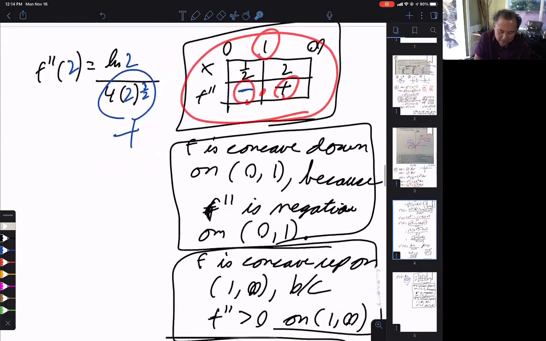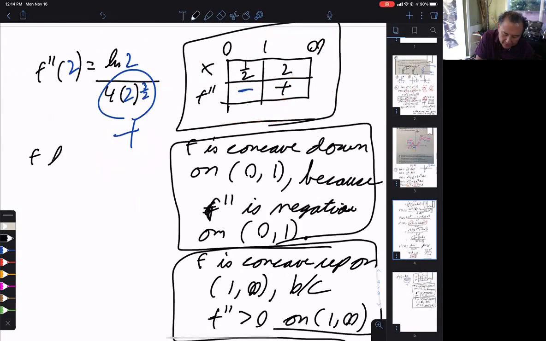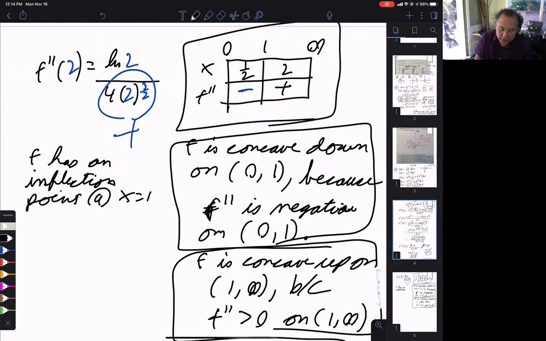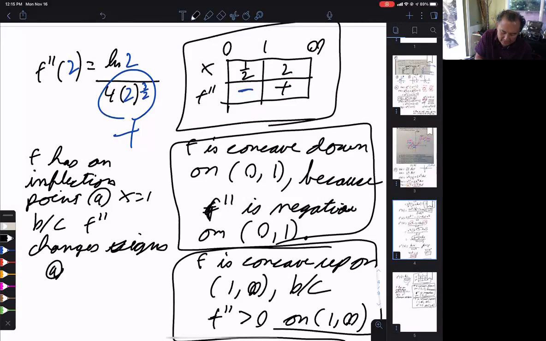So the last thing you would say: f has an inflection point at x equal 1, because the second derivative changes signs at x equal 1. Bam. You have done the concave up, the concave down, and the inflection point.